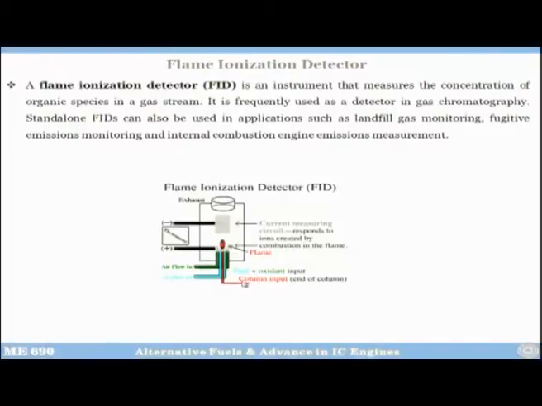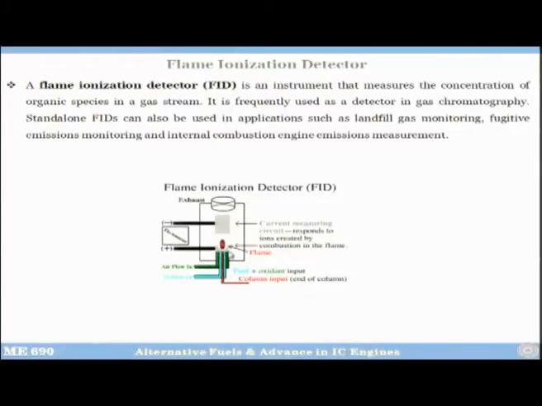What you do is you put a sample in, in this red color, and there is a fuel gas, which is normally either hydrogen, or sometimes we also use a mixture of hydrogen and helium, 40:60, 40 volume percent hydrogen, 60 volume percent helium, just to control its reactivity, because pure hydrogen is not a safe gas to handle. And then we put some kind of air, and this is a coaxial burner.